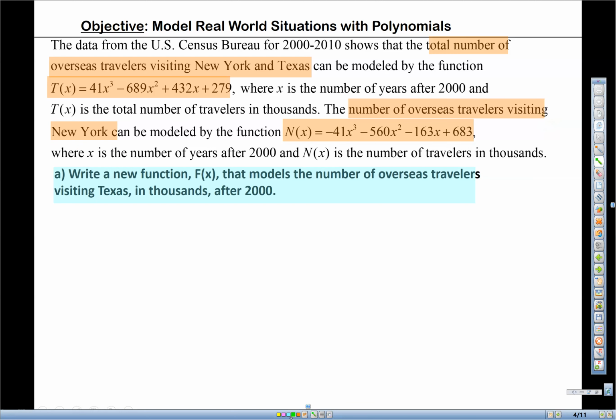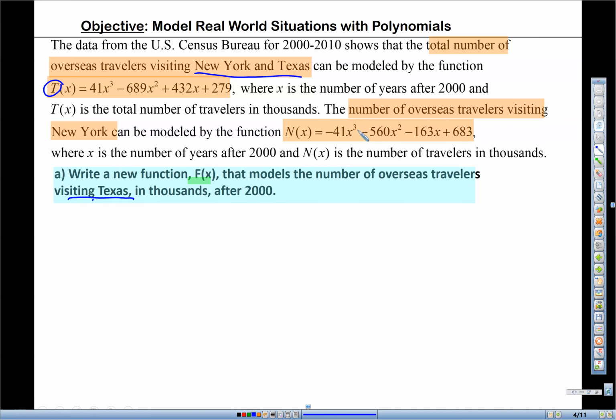So when we go to write our new function named f of x, we need to make sure we understand the mathematical relationship between t of x and n of x that will give us f of x. So f of x is going to be visiting Texas. We've got t of x is New York and Texas. Think of t as total, and f of x being just Texas, which would be what's left over if we take away those travelers who visited New York.